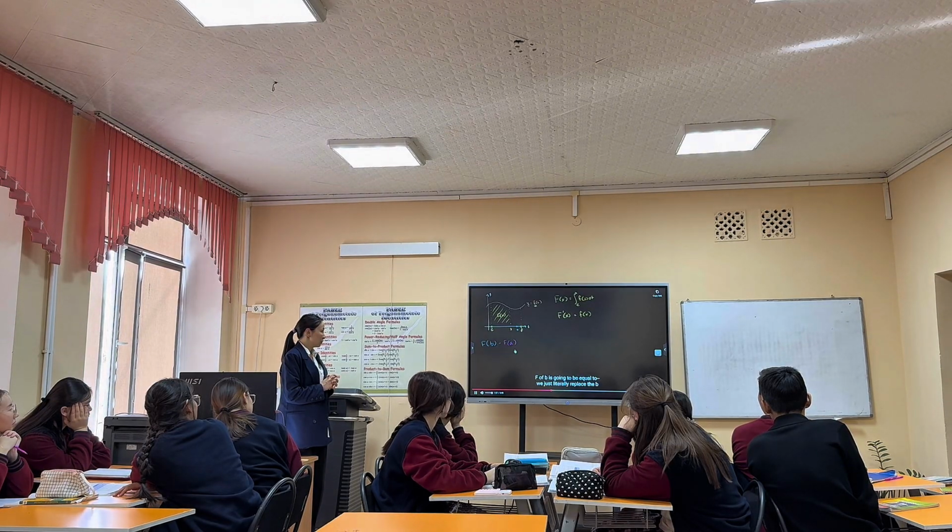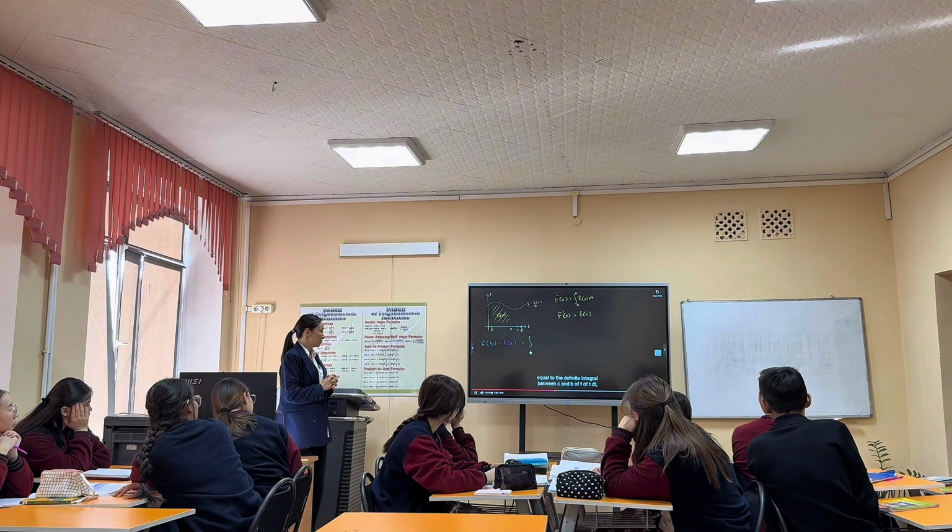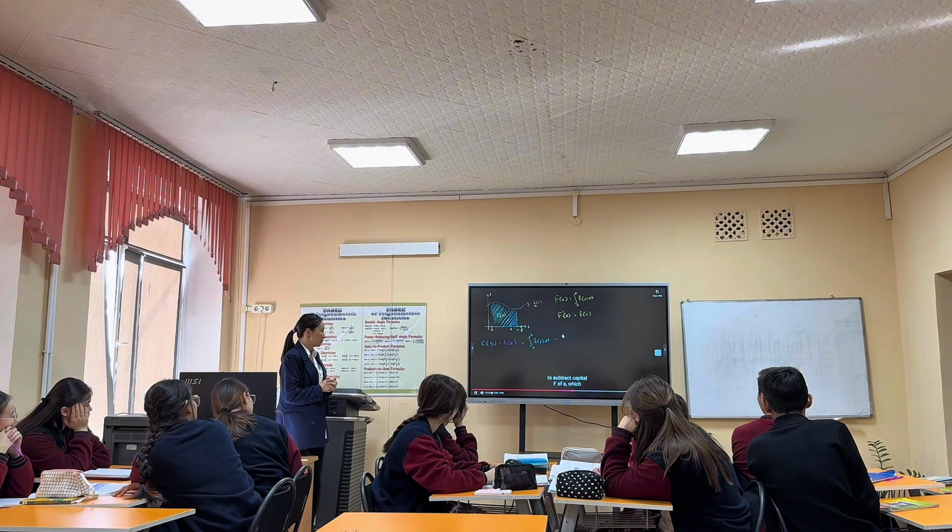F of b is going to be equal to, you just literally replace the b where you see the x, it's going to be equal to the definite integral between c and b of f of t dt, which is just another way of saying, that the area under the curve between c and b. So this f of b, capital F of b, is all of this business right over here. And from that, we are going to want to subtract capital F of a, which is just the integral between c and lowercase a of lowercase f of t dt.